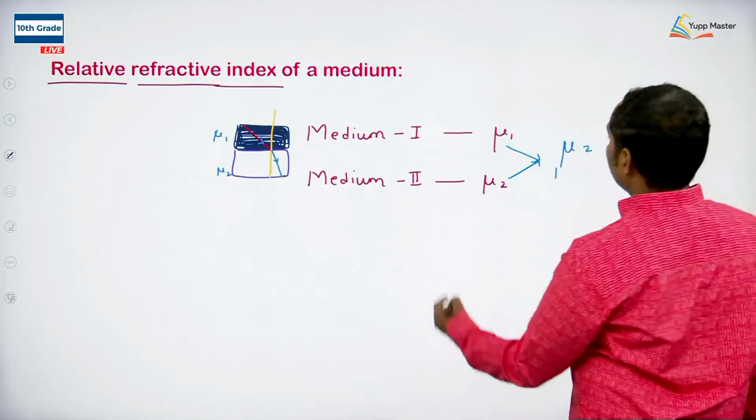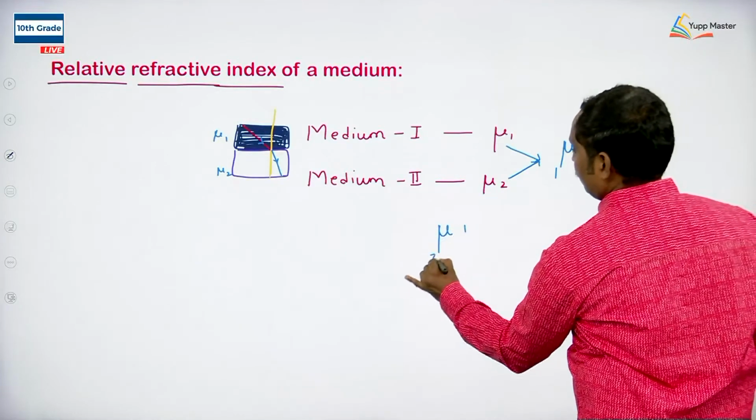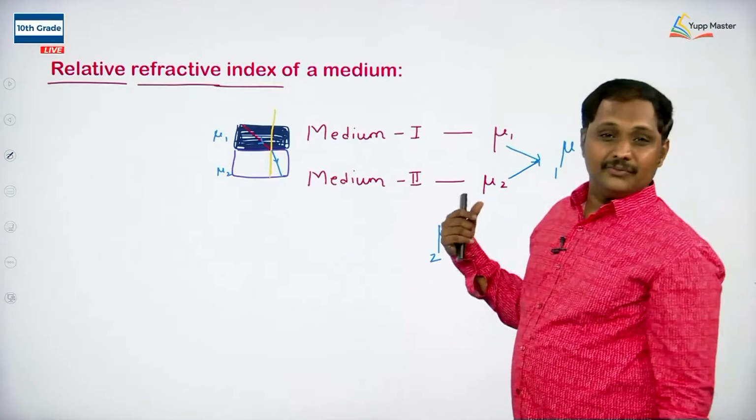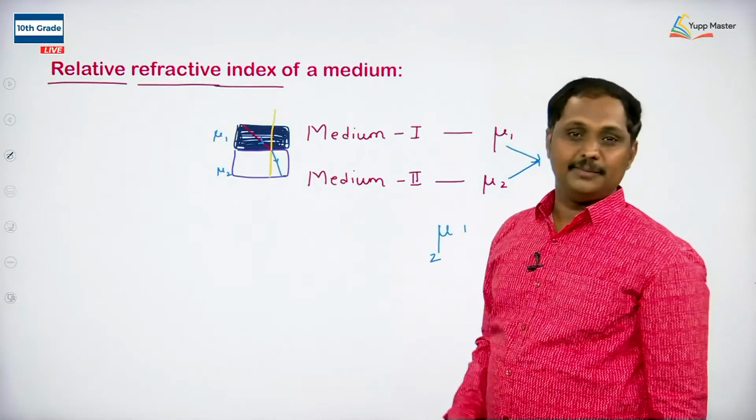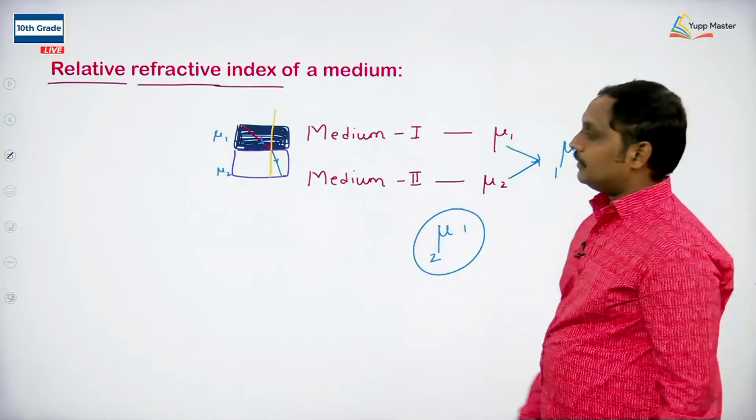Sometimes you can take mu 1 2, the refractive index of the first medium with respect to the second medium. So this is also possible. Let us see the possibilities.